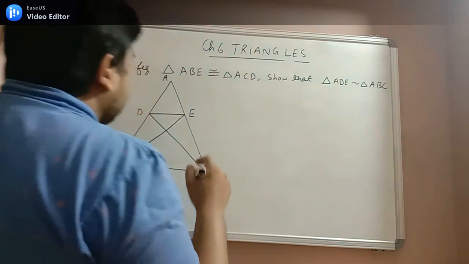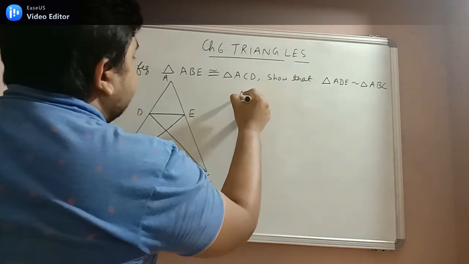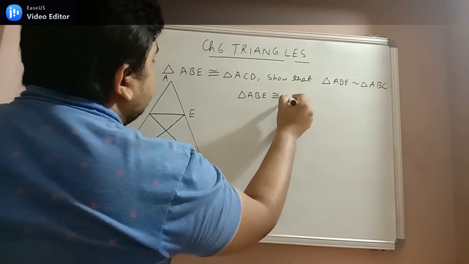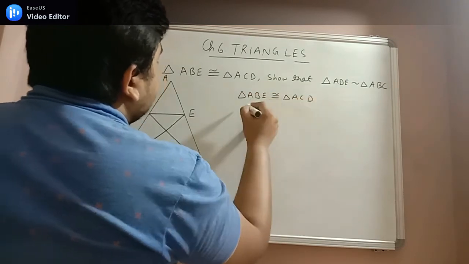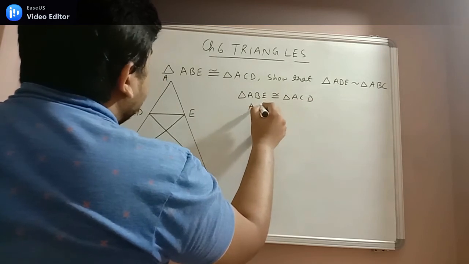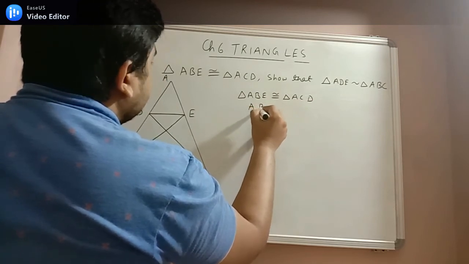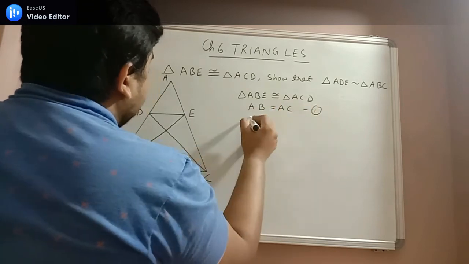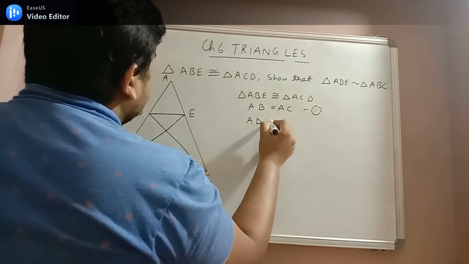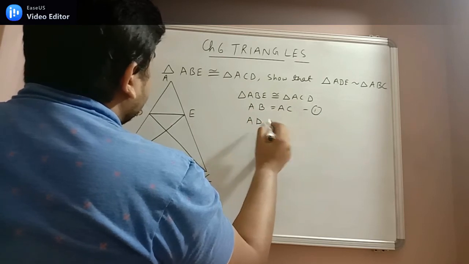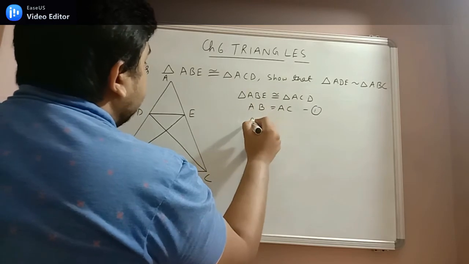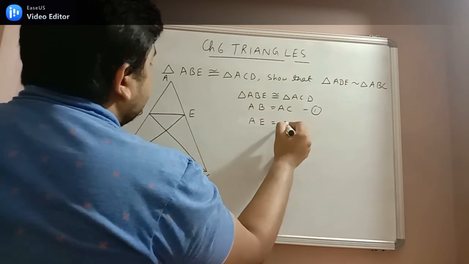Now in this, if triangle ABE is congruent to triangle ACD, one can say that AB is equal to AC and AD, or let's say AE is equal to AD.